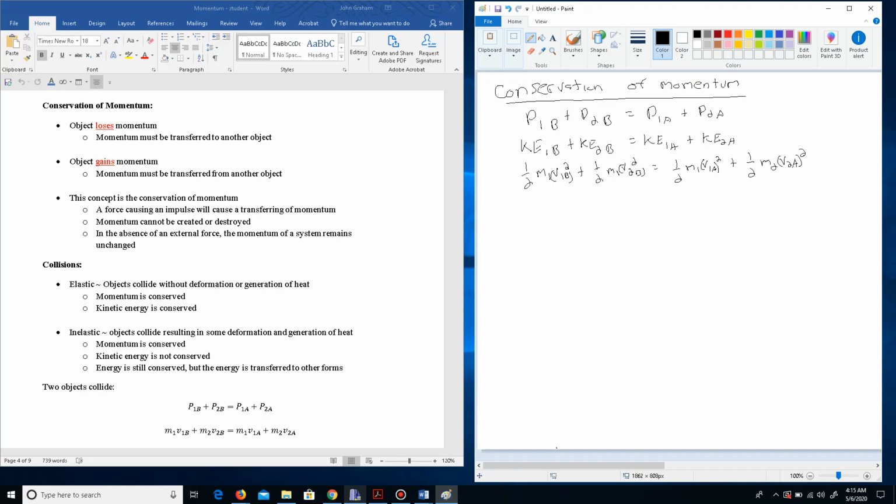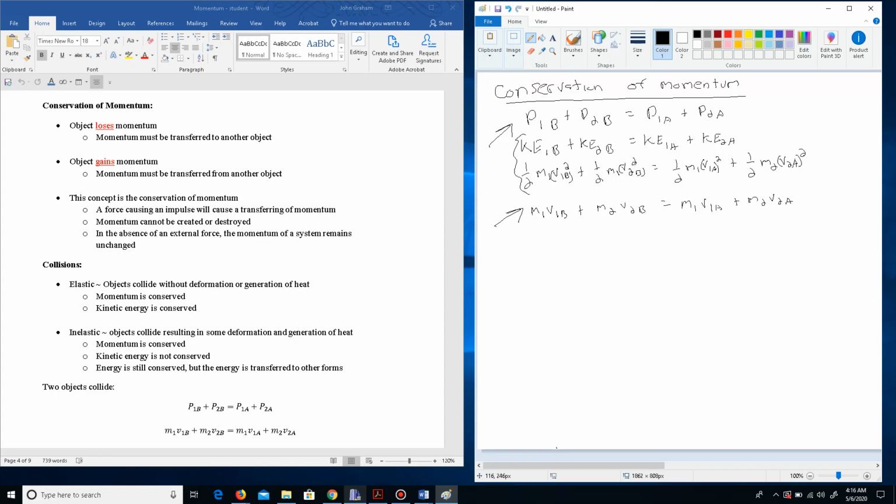For it to be elastic, the momentum also has to stay true, which means m1 v1 before plus m2 v2 before must equal m1 v1 after plus m2 v2 after. Now this is for elastic, and for inelastic, only these two have to remain true.